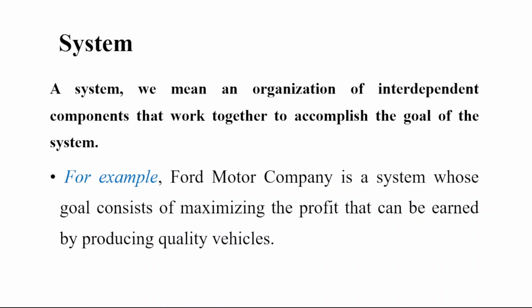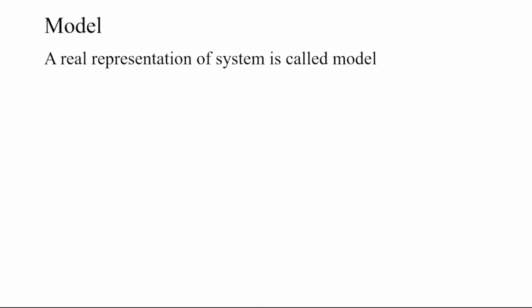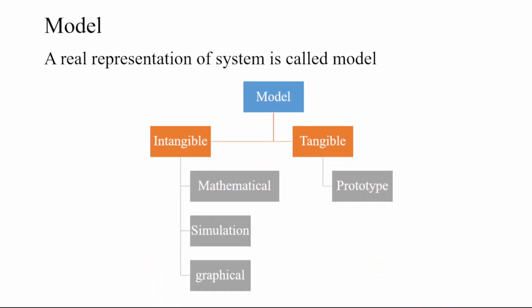In operation research, we try to translate that system into a model, into a mathematical model. To understand the mathematical model, let's first understand what a model is. A model is a representation of a real system.